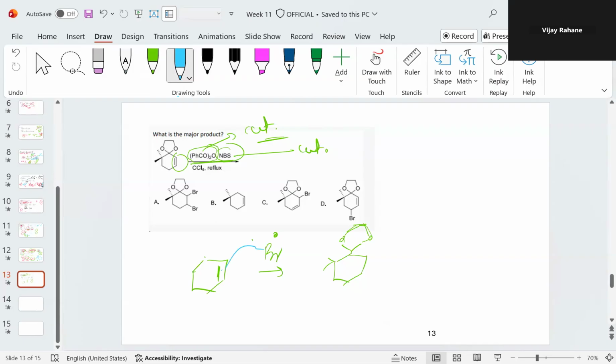So let's say the first electron goes here, so the first bromine can go here, and we get one radical at this position. So I need to look into the answer for this one, because if you go by the radical mechanism, how does the reaction occur at the center?